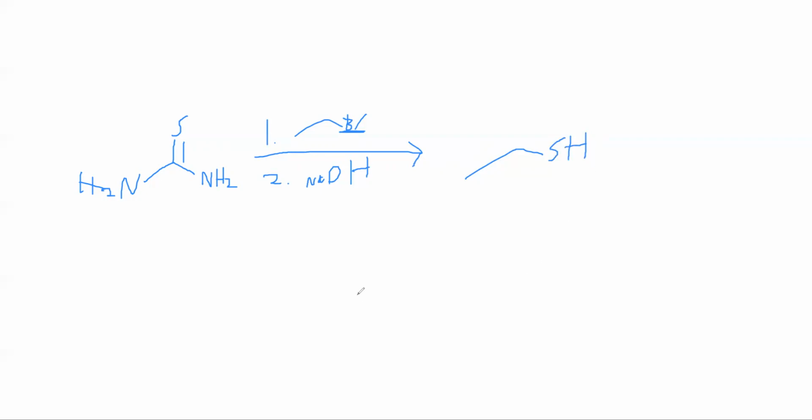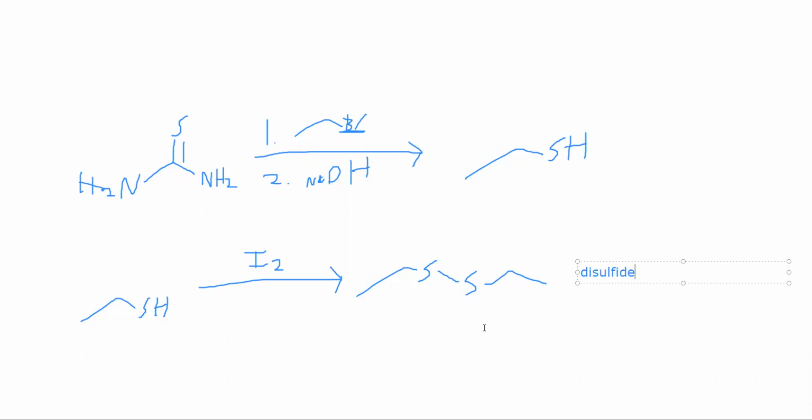And one other thing you can do with thiols, if you add I2 to them, that's going to oxidize them and it's going to form a disulfide. So it's going to form this disulfide. And you can reverse this reaction by reducing it with common reducing agents.